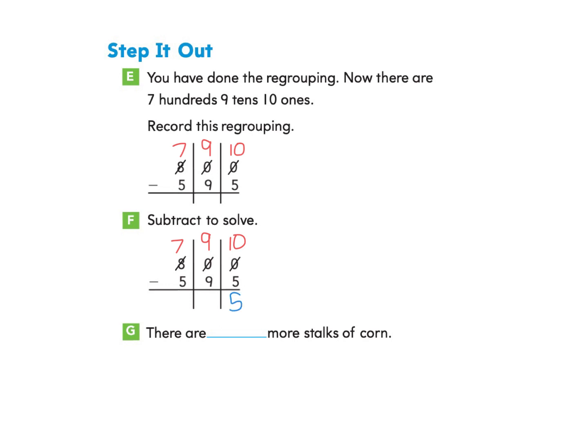And then we have 9 take away 9, and we know that is 0. And the last in the hundreds column is 7 take away 5, and we know that is 2. So there are 205 more stalks of corn.